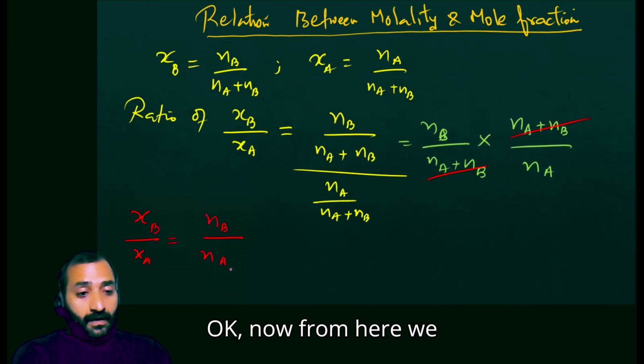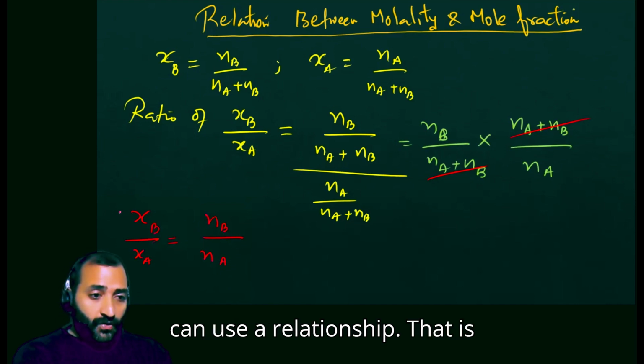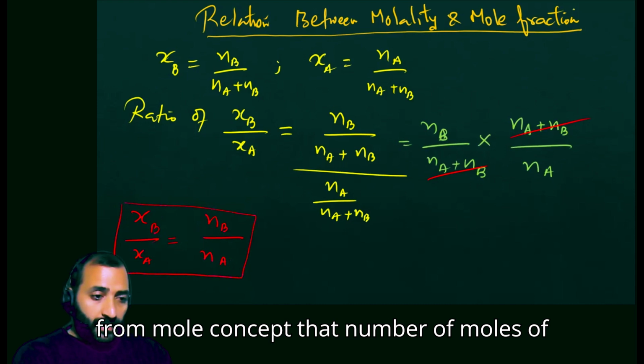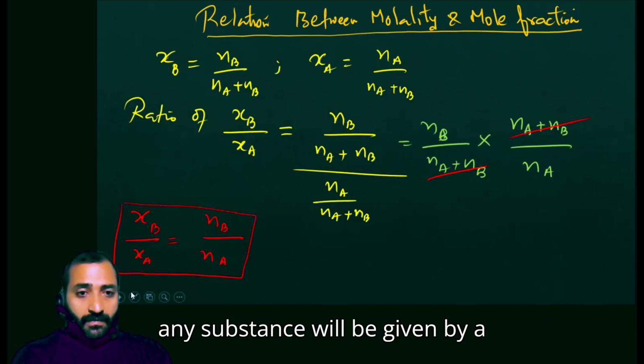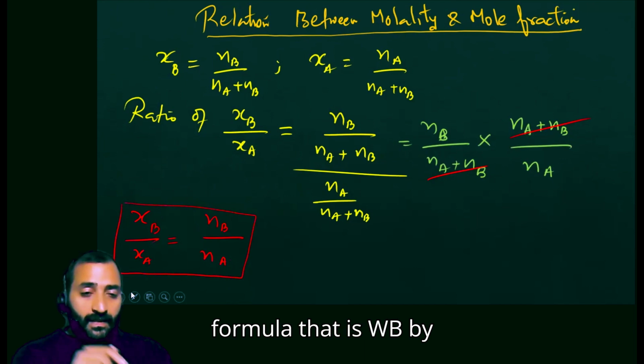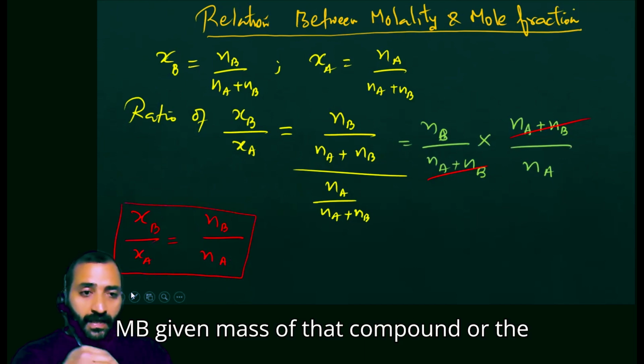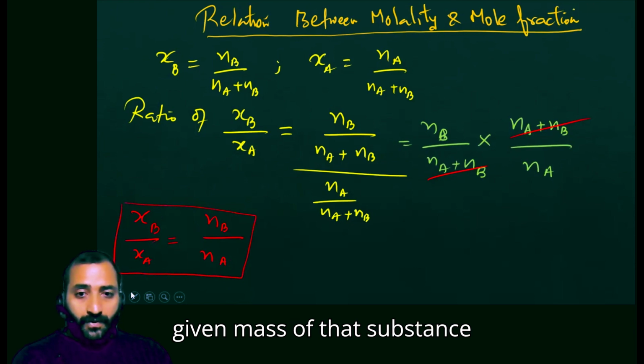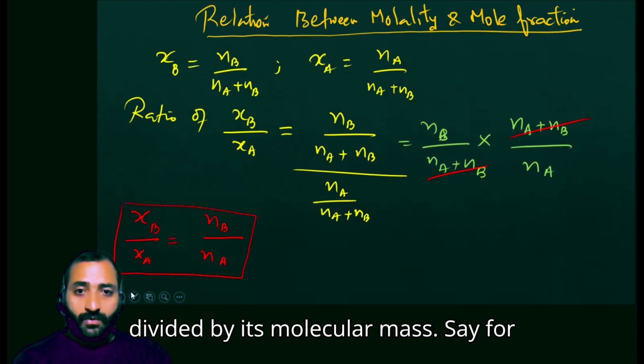Okay, now from here we can use a relationship from mole concept, that number of moles of any substance will be given by a formula, that is Wb by Mb, given mass of that substance divided by its molecular mass.